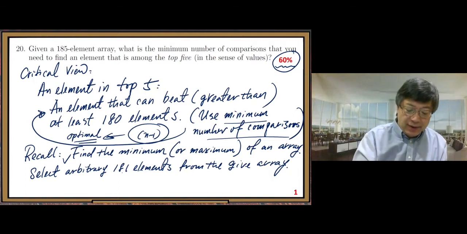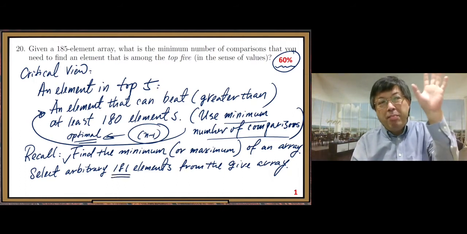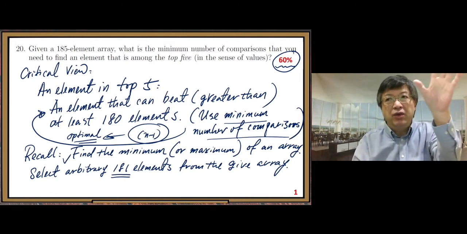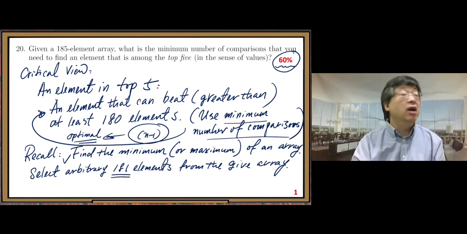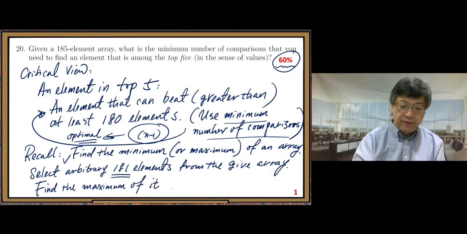Why 181? Because we want to find the maximum of this 181 element array. So next, find the maximum of it with 180 comparisons.